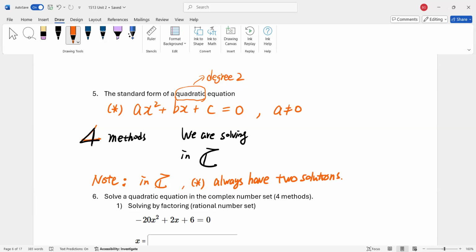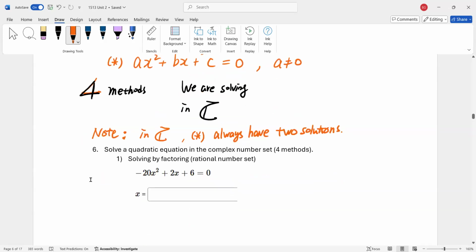We can solve any quadratic equation. We just say they are identical, all right? I hope this is clear.